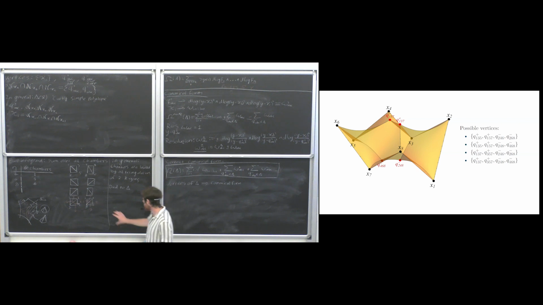You can see that what I drew in red here is actually part of the geometry. So this is the point Q137. There at the top, you can see that there are edges incoming from X2 and X8. There is an edge going to Q357, and from Q357, there are edges going to X4 and X6, right? And the same for the other one, but at the bottom.